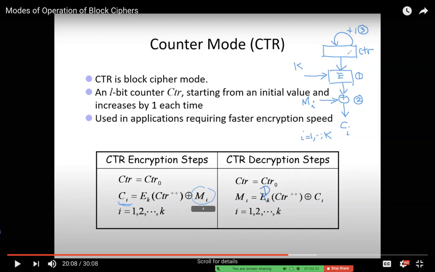So we do exclusive or with EK of the counter at both sides. Because these EK counter values are the same, they cancel out, since exclusive or of the same thing is zero. Then you get MI. So the original one is right. Cross that D out.